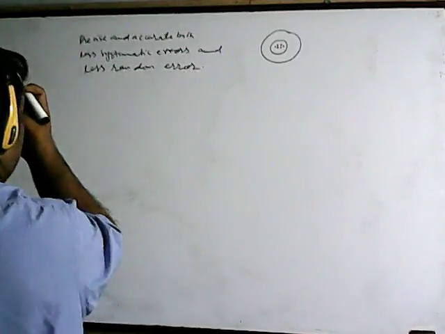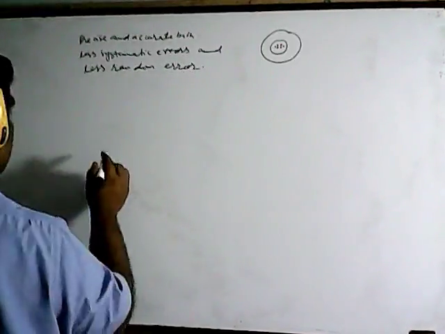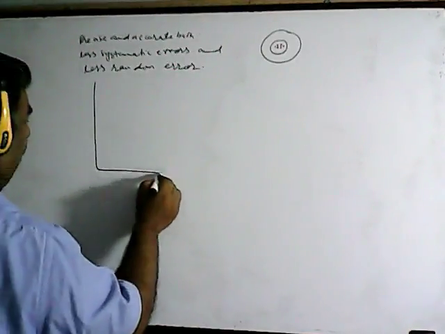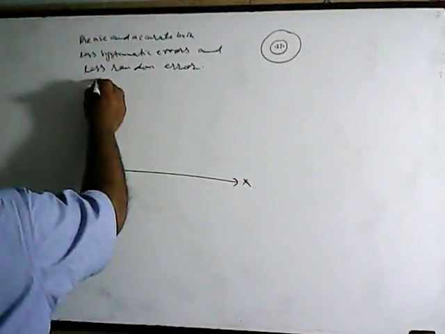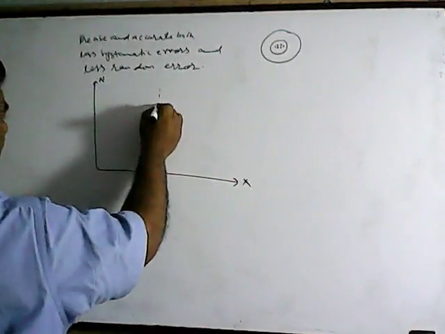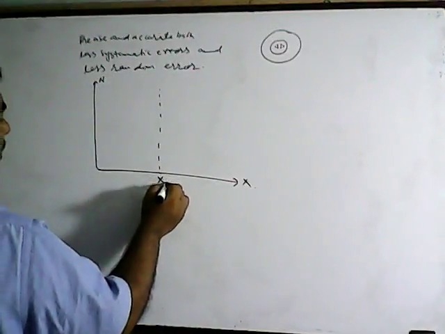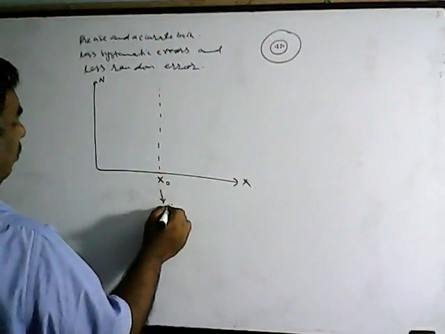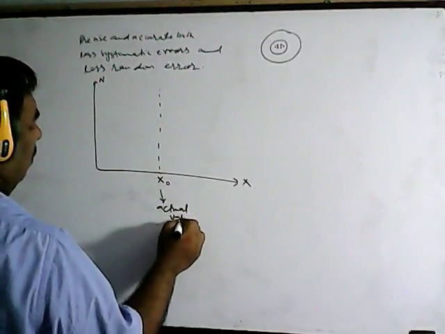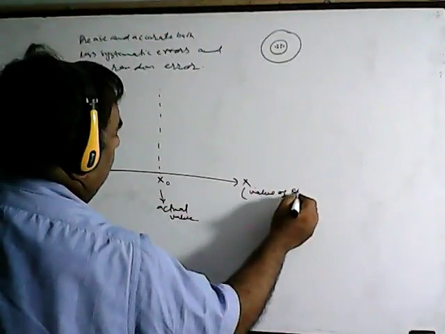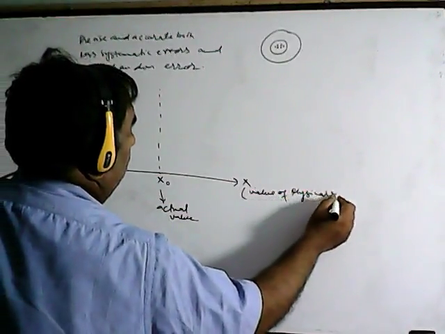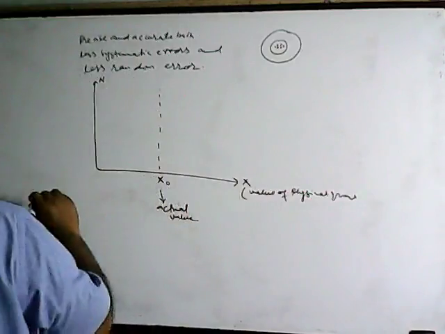When he has less systematic errors and less random errors, suppose I am plotting a graph here, how will it look? This is x, the value of the physical quantity, this is n, the number of readings, and this is x naught, the actual value.